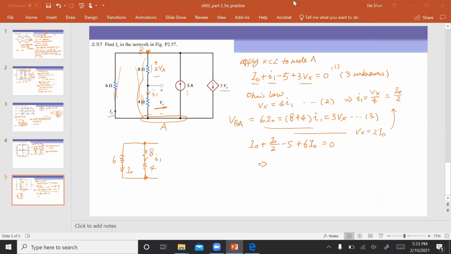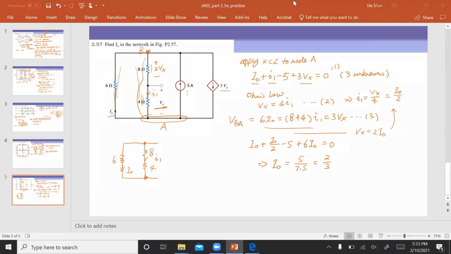So what do we have? We have 7.5 I0 is equal to 5. So that is 2 over 3.